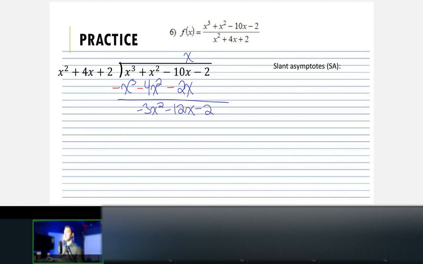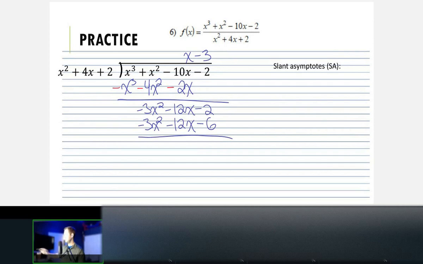All right, and then the problem starts over. So I ask myself, what times x squared will give me negative 3x squared? Well, I do think it's negative 3. Yep, negative 3. So we then do negative 3 times all three of my terms in my divisor. So I get negative 3 times x squared is negative 3x squared. Negative 3 times 4x is negative 12x. And then negative 3 times 2 is negative 6.